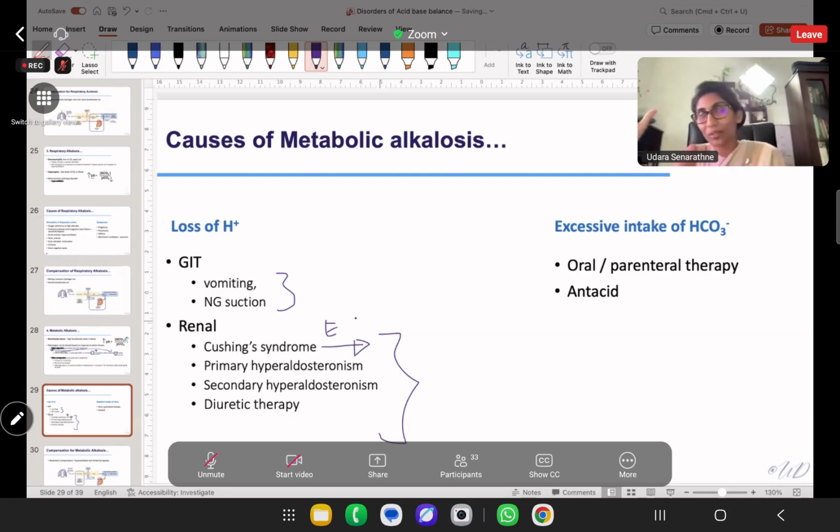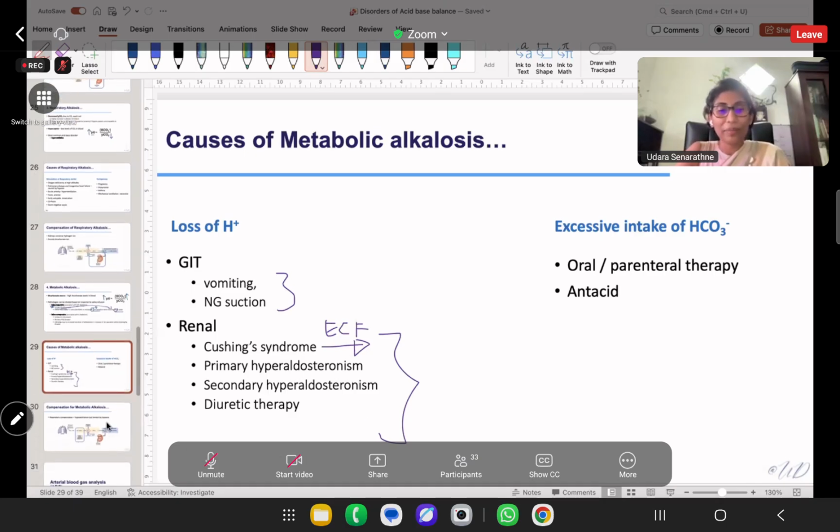Not necessarily to the level where you are going to have edema, but ECF is not affected. Therefore, these are not going to be saline responsive. Okay. And it can also be due to parenteral or oral treatment. And antacids can also lead to the same problem.